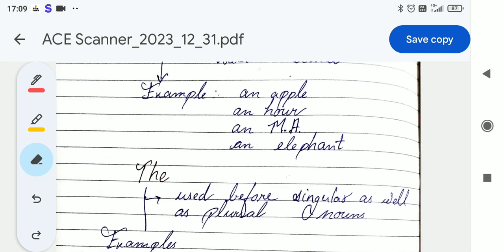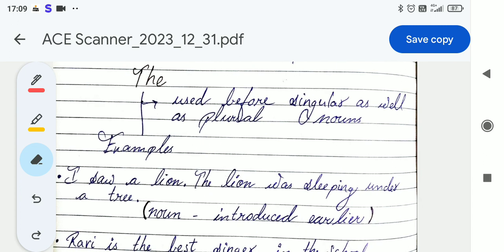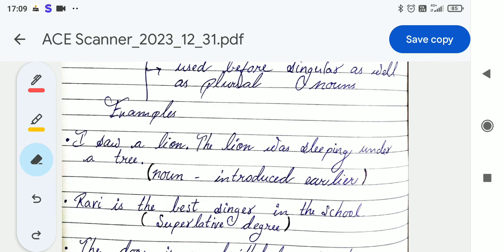Now, the last article is the definite article, that is called the. We use the before singular as well as plural nouns. For example, I saw a lion. The lion was sleeping under a tree. The first example shows that if a noun is introduced in an earlier sentence, and we talk about the same noun in the following sentence, then we use the before that noun.